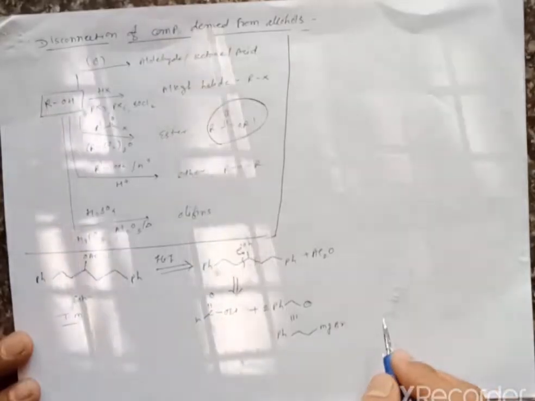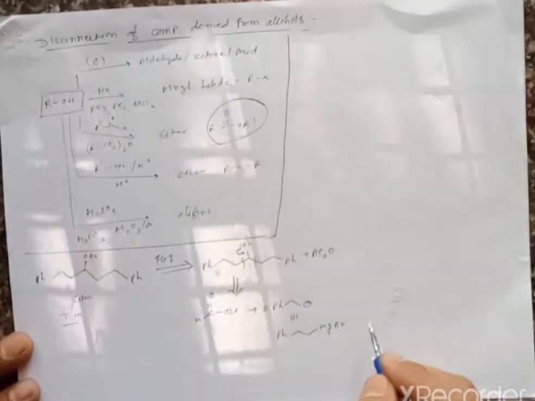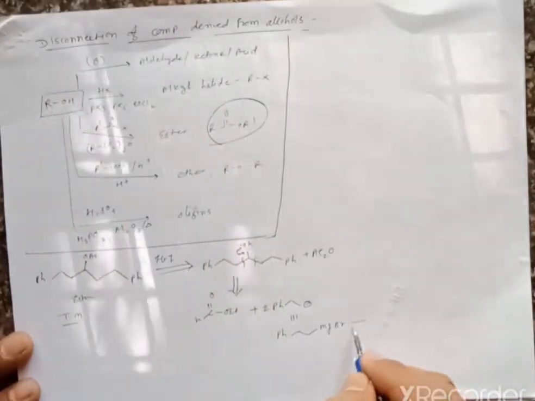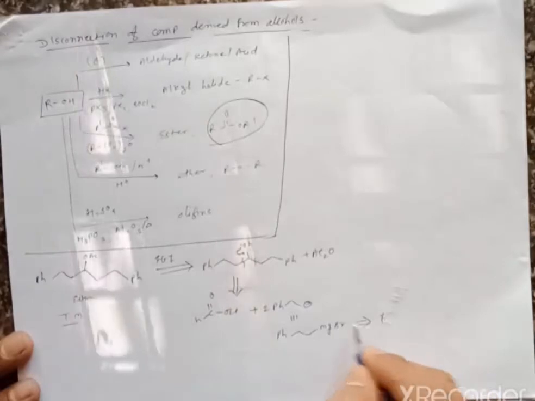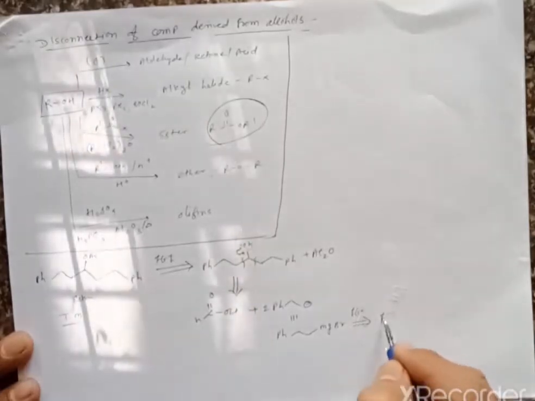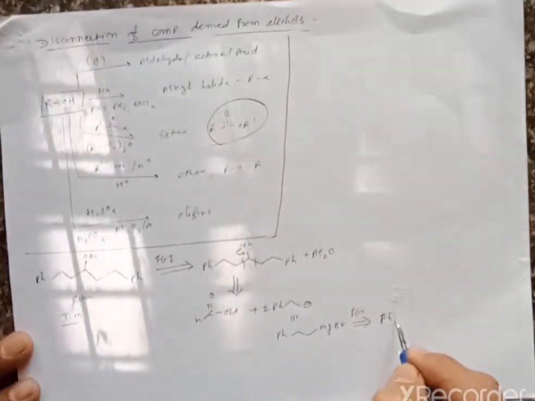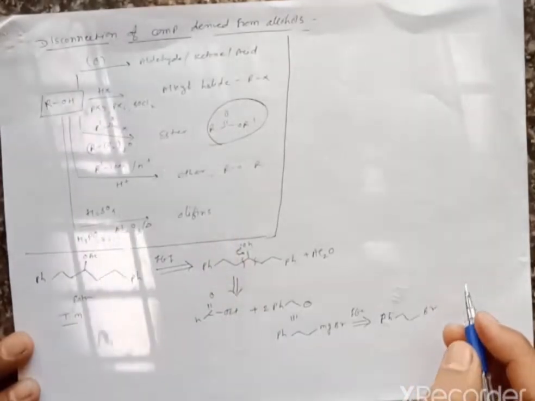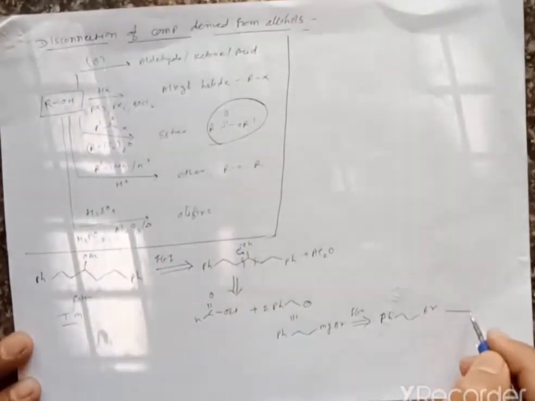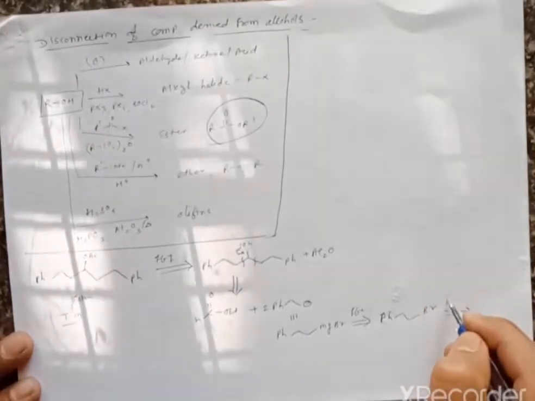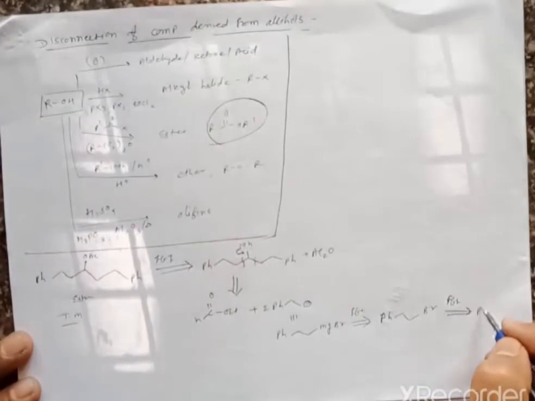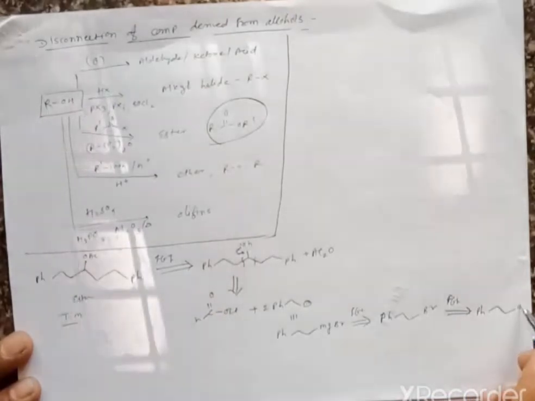And then for the synthetic equivalent of this molecule, we can take a functional group interconversion, FGI, which gives PhCH2Br, right? Then for functional group interconversion, we can take an alcohol, that is PhCH2CH2OH, right?